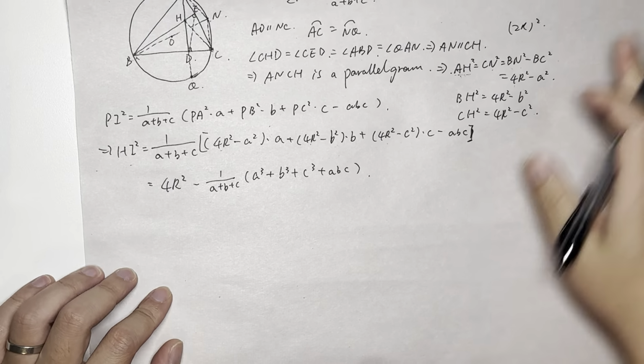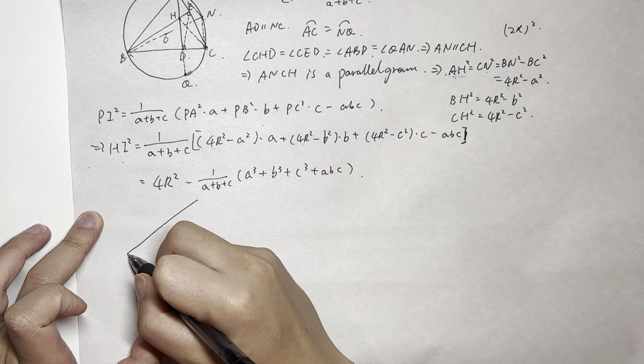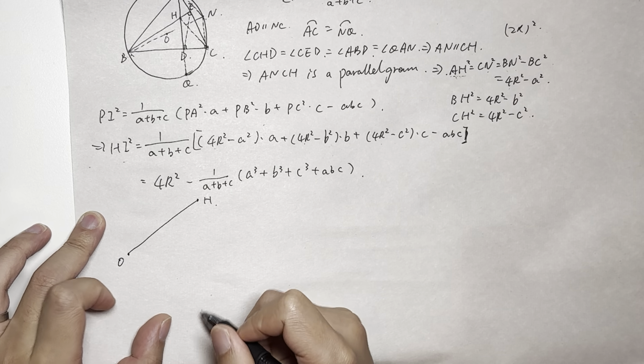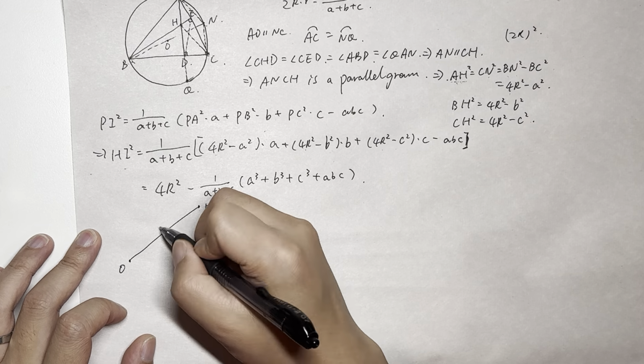So what is V? We already proved that, for example, this is O, this is H. V is a midpoint of OH, where O represents the center of the circumcircle, H represents the orthocenter, and V is the 9-point circle center.